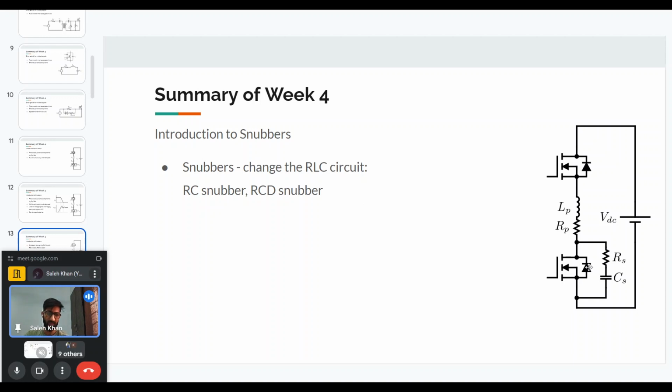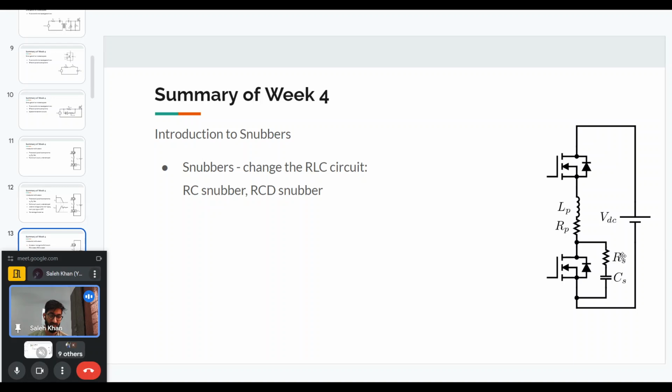For example, here I'm showing an RC snubber, which is a resistance in series with a capacitance, and the whole thing is connected in parallel to the device whose voltage we want to limit. What this does is it changes the RLC circuit parameters.